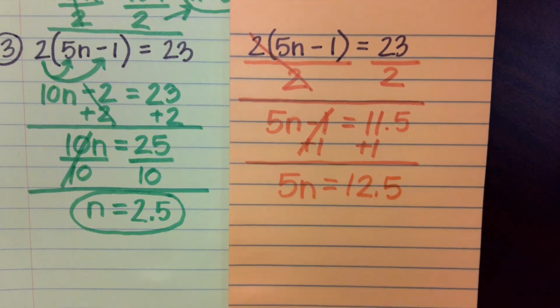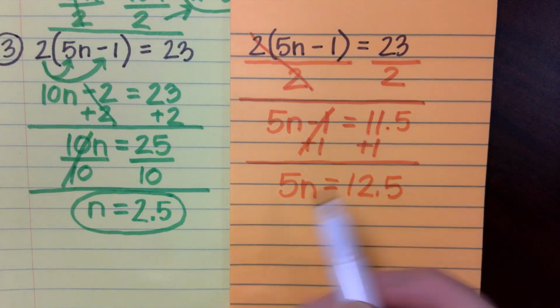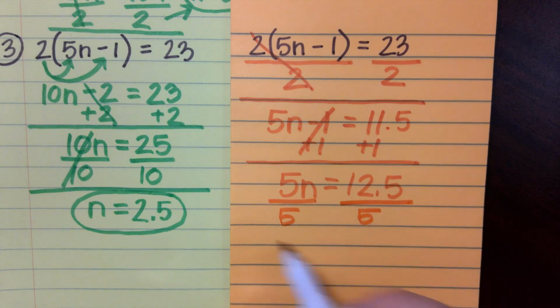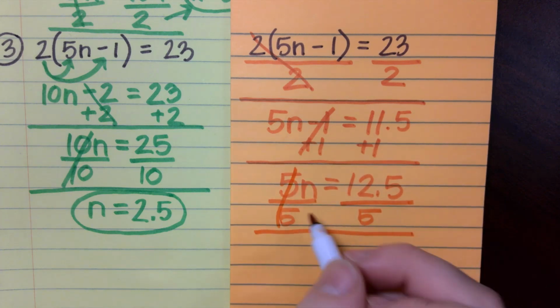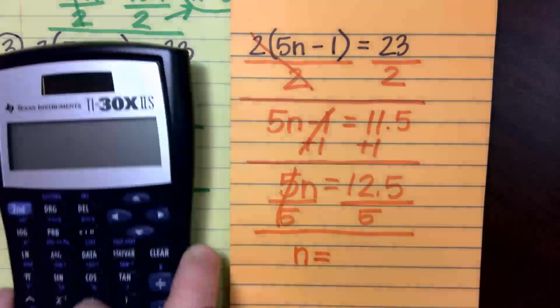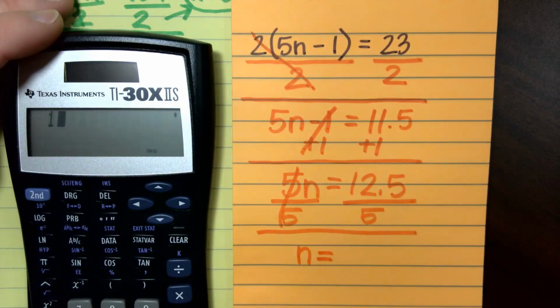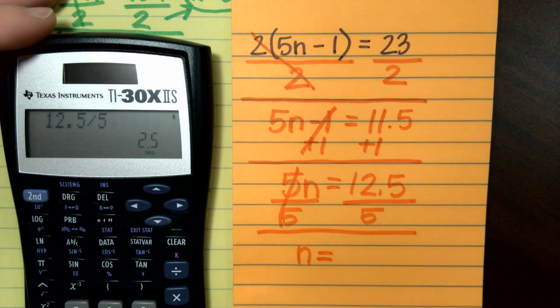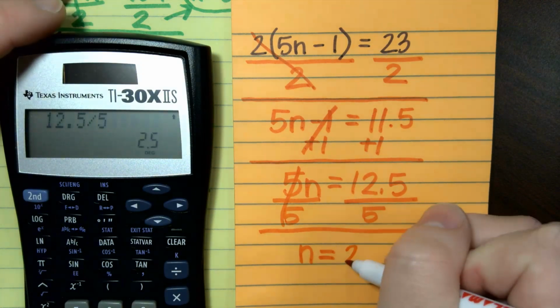All right. Now what do we do? Yeah, we're going to divide by 5 on both sides. So my 5's cancel. I'm left with n equals 12.5 divided by 5 is 2.5.